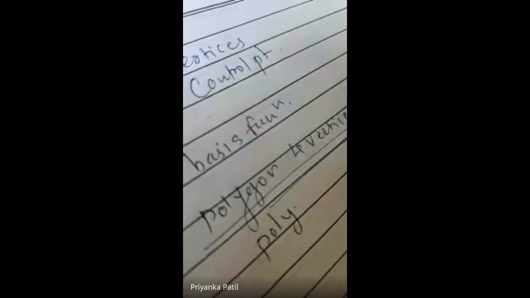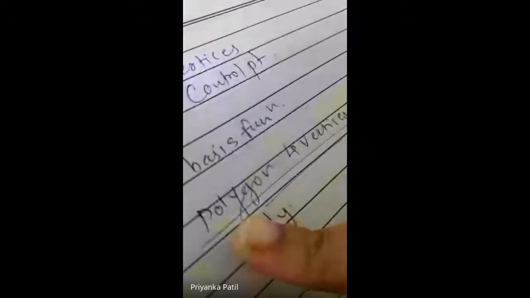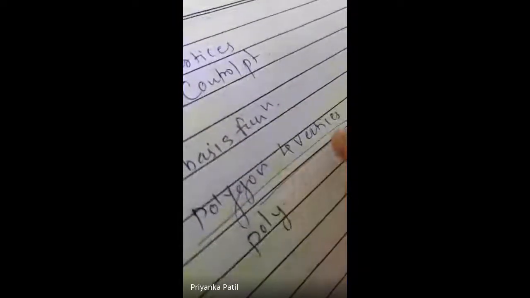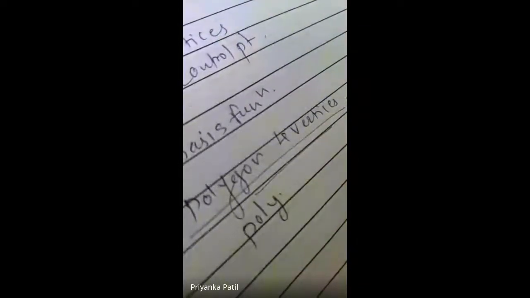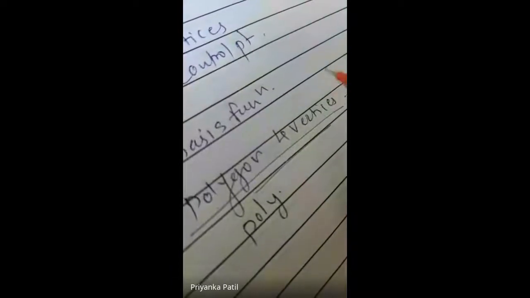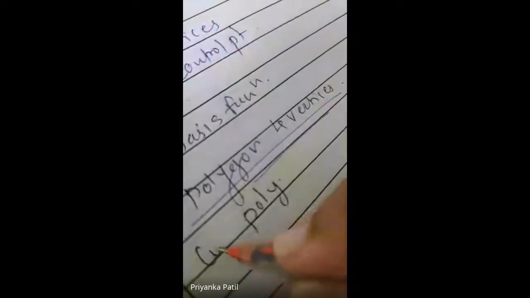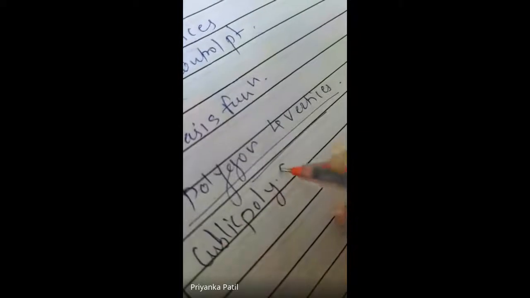polynomial equation. So if we consider the polygon having four vertices, which results in a cubic polynomial curve. Cubic polynomial curve.